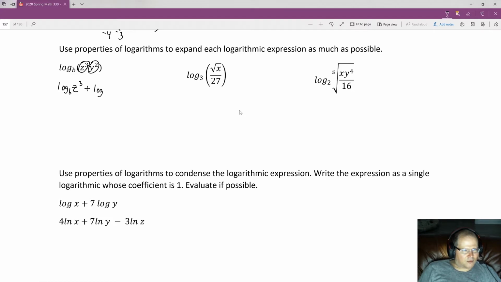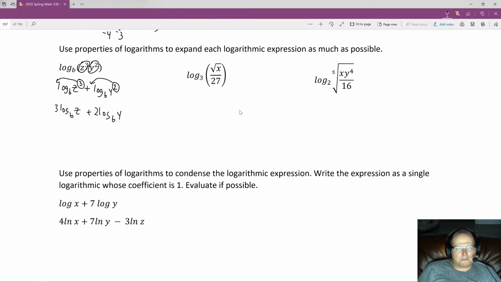So this would be log base b of z to the third plus log base b of y to the second. Then, because these have exponents, you can pull those exponents to the front. And that would give me 3 log base b of z plus 2 log base b of y.